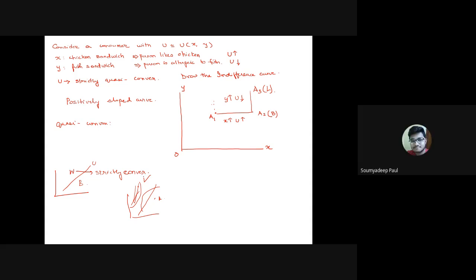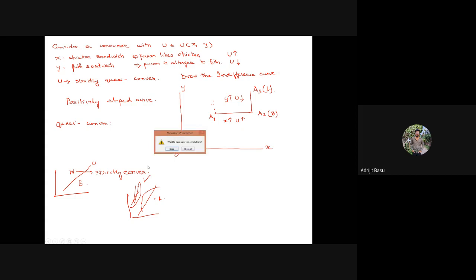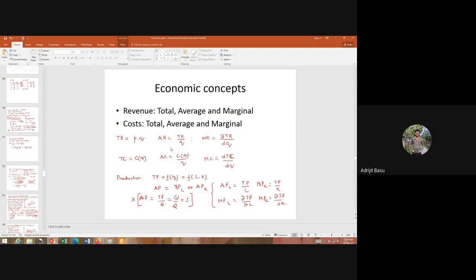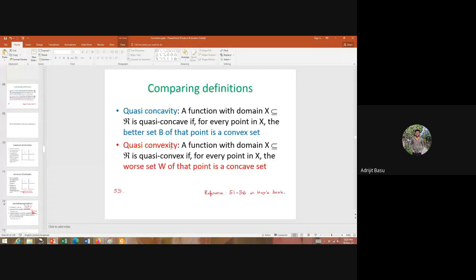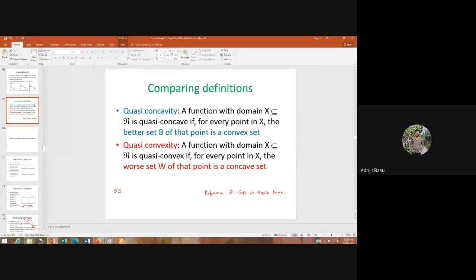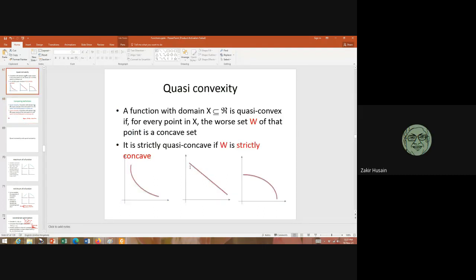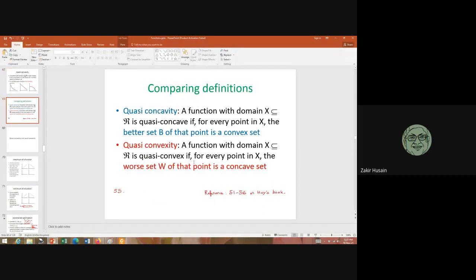Sir, one thing. The slide which you have shown just a few minutes ago, sir, there it was written that convexity means the worse set must be a concave set. Is that, yeah, here, sir. Sorry, there is a mistake over here.